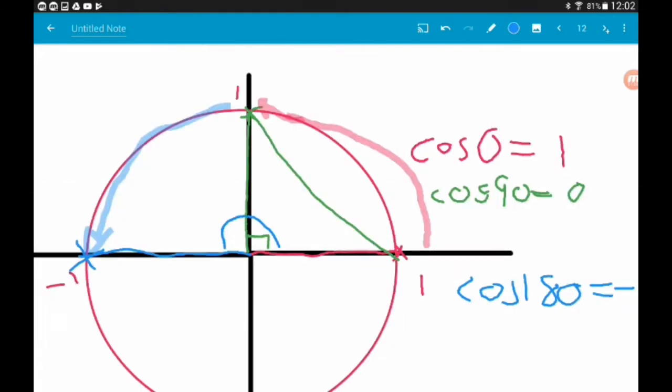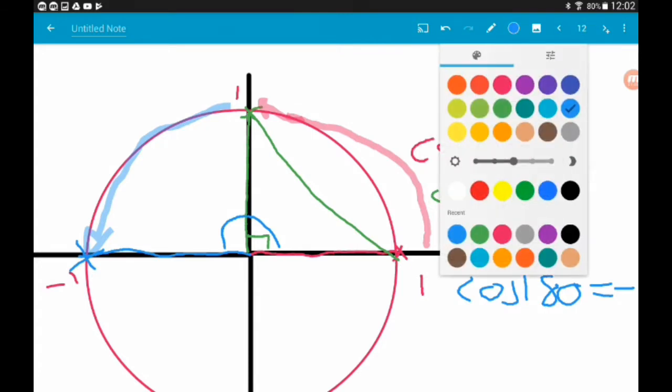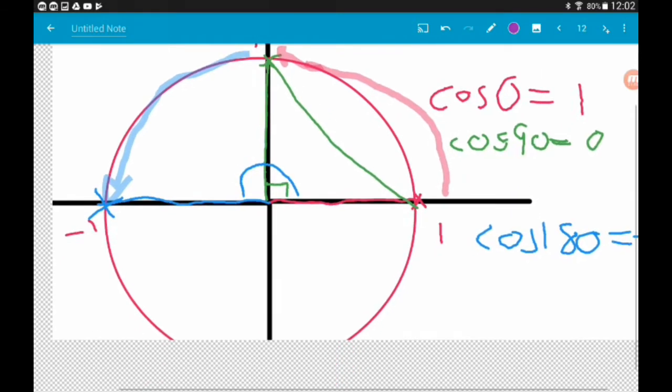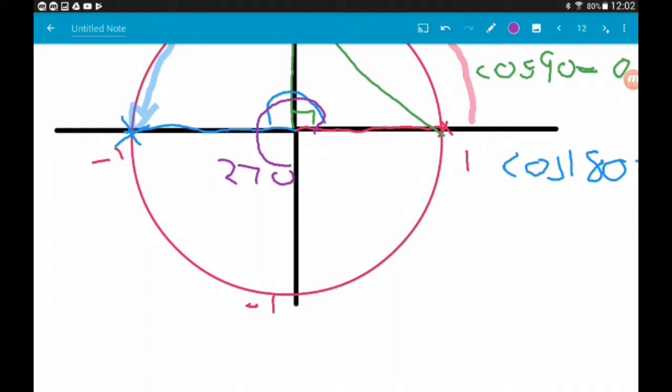Okay, now let's continue our adventure around the circle. Let's go down to 270. Now that is going to put us here.